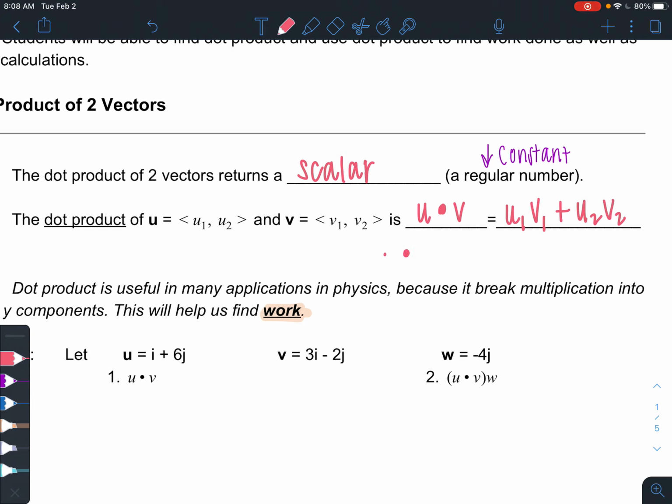So I'm going to kind of highlight my parentheses here to make them a little bit more defined. Do this math. We have 1 times 3 plus 6 times negative 2. Then we have 3 minus 12 times that scalar.